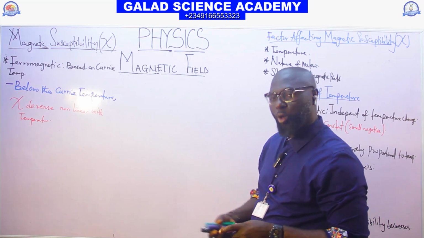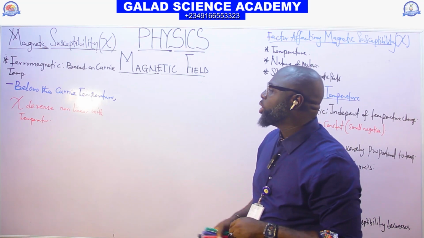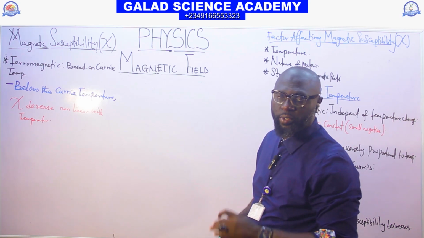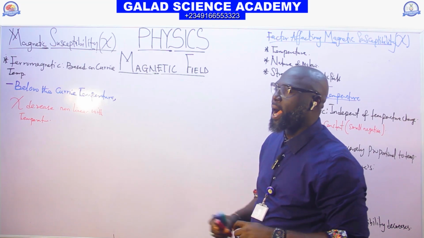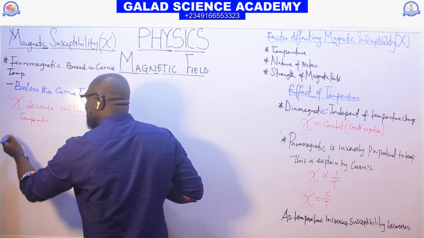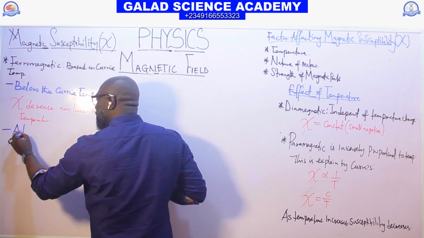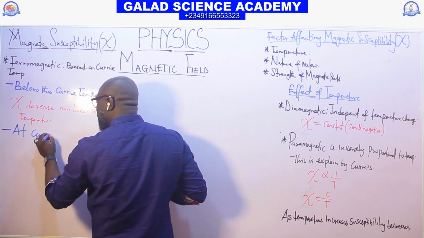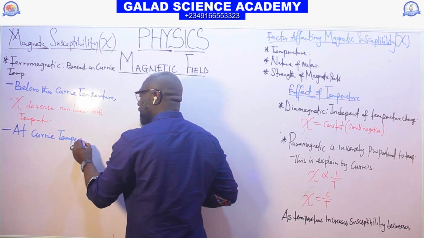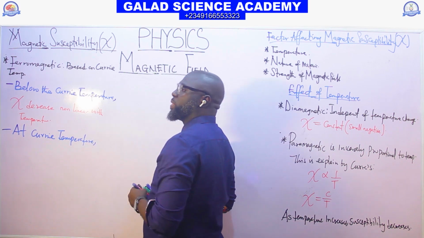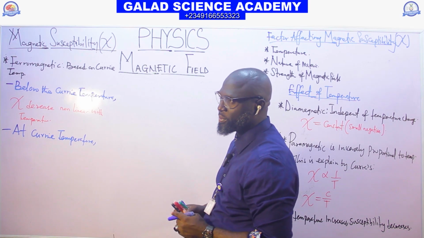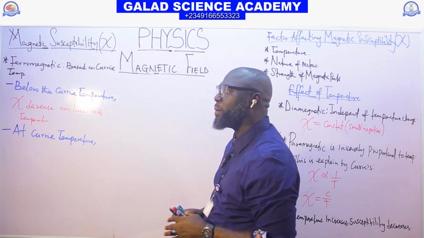But at Curie temperature, the ferromagnetism drops and becomes paramagnetism.